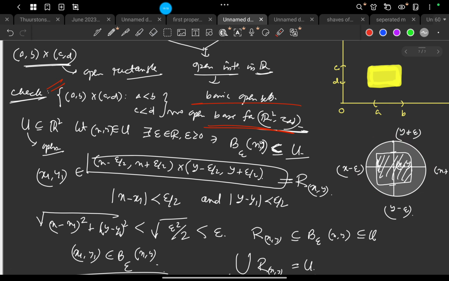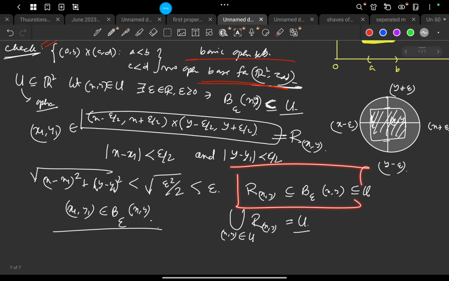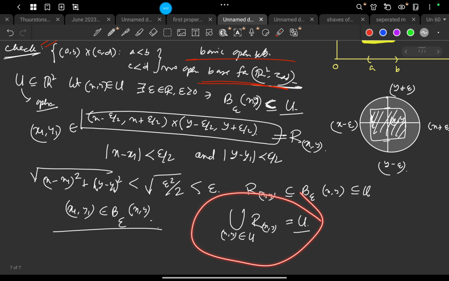From here it is very clear that if we consider all such (x, y), for any particular (x, y), if I take any other element here, I can again take a certain neighborhood around this and it will be completely inside the open ball. That means it is itself an open ball. In fact, this condition is true for any open set, so I can consider this open ball itself as an open set. That means each open ball is nothing but a union of certain open rectangles.